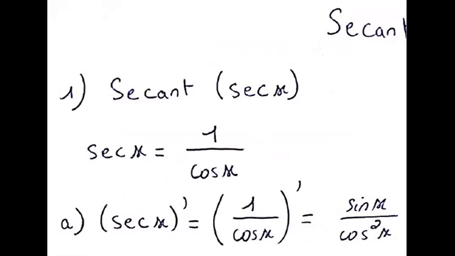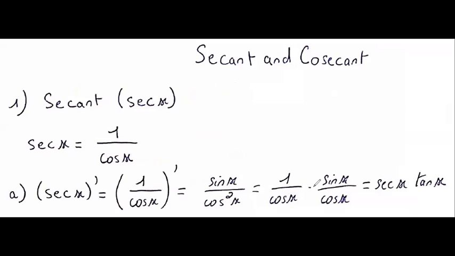So basically, I'm going to get minus minus sine, which is sine. This is why I will get sine x over cosine squared, which I can write as 1 over cosine multiplied by sine over cosine, which is secant tangent. So the derivative of secant is secant tangent.